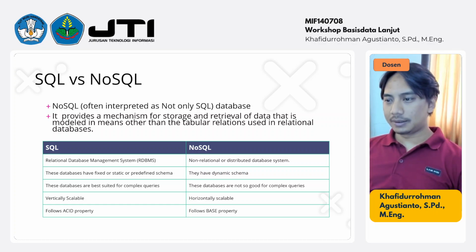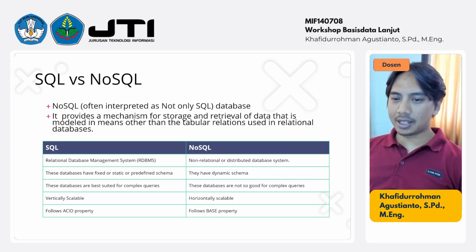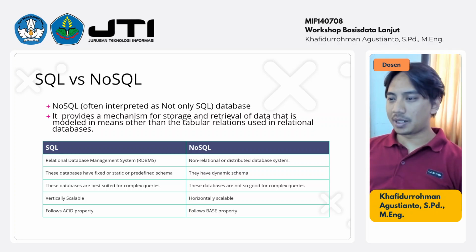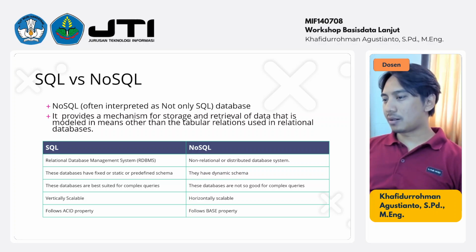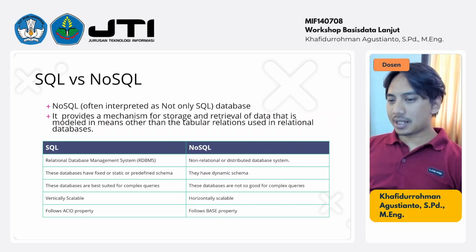First, we're talking about the table of comparisons between SQL and NoSQL. SQL uses RDBMS, commonly called Relational Database Management System, and NoSQL we call Non-Relational or Distributed Database System. SQL databases have a fixed, static, or predefined schema, but NoSQL has a dynamic schema.